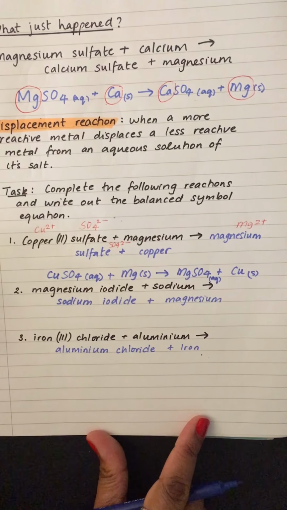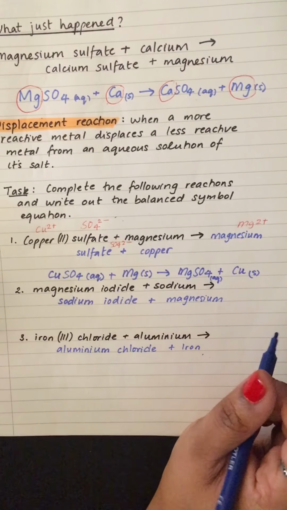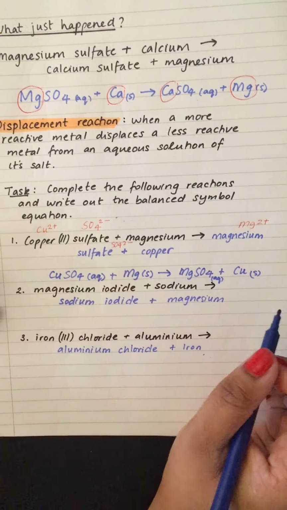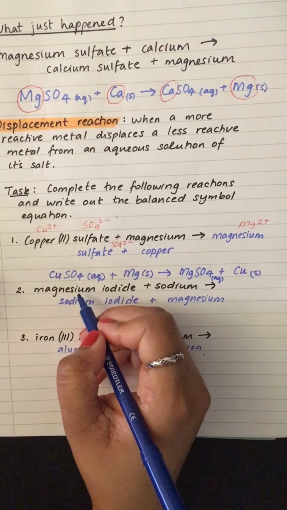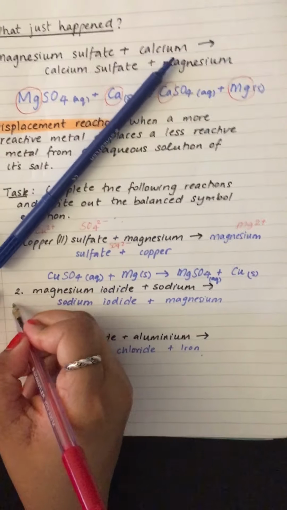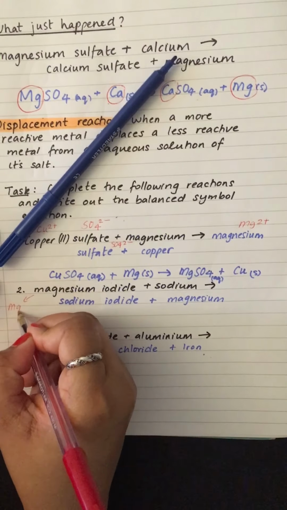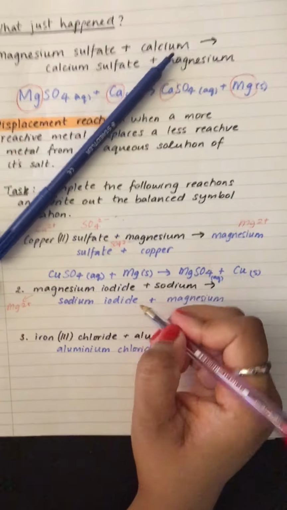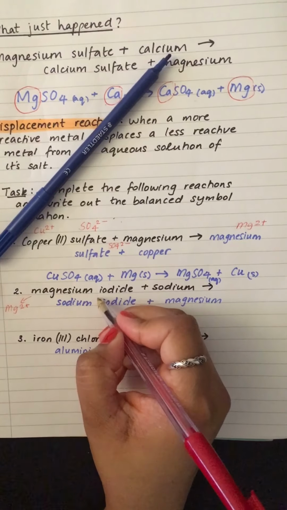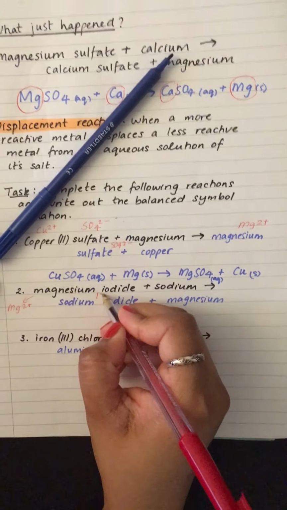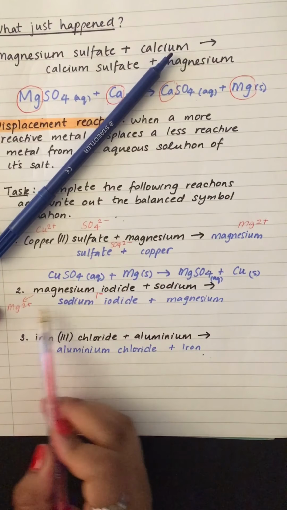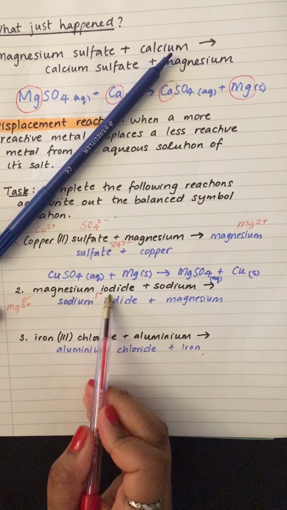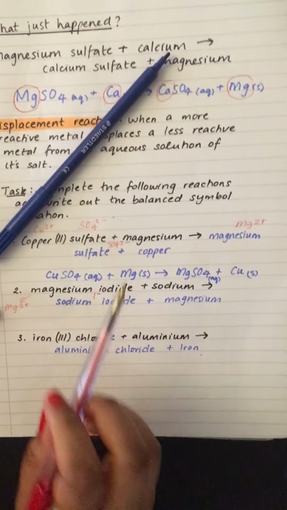Okay, right. The next one, magnesium iodide. So magnesium iodide, remember, magnesium is Mg2+ ion, and iodine has a single minus charge. So for every one magnesium ion, I'm going to need 2 iodines to make these charges add up to 0.